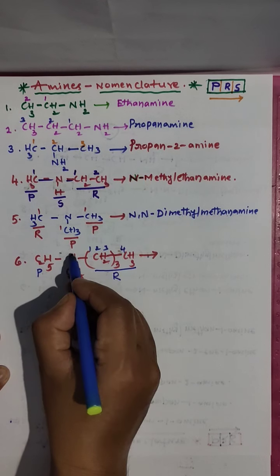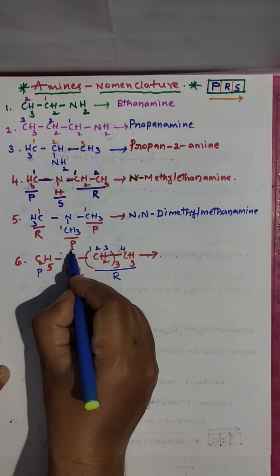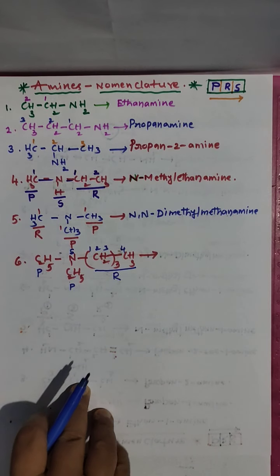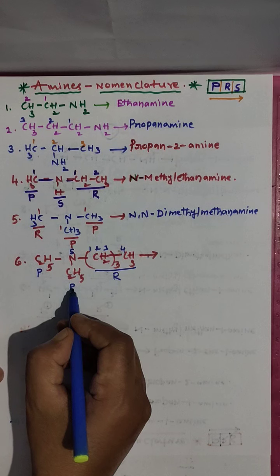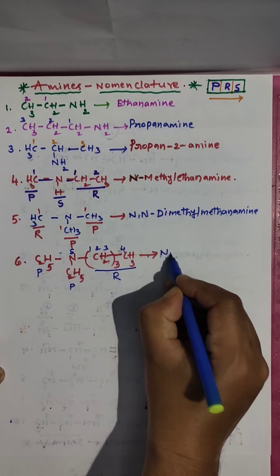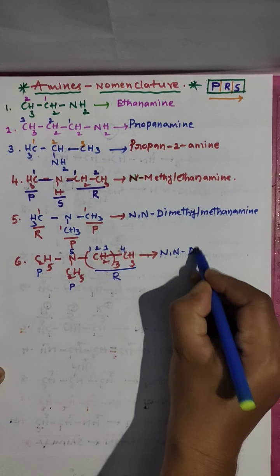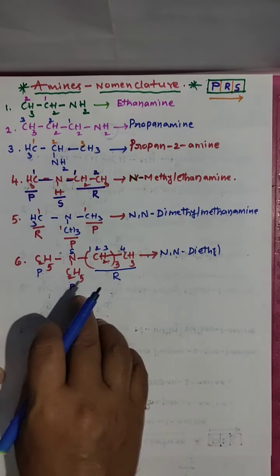And here we have the functional group, which we call the suffix. Start with the PRS system. What is the prefix here? Ethyl group, ethyl group. So N comma N diethyl, 2 ethyl groups.